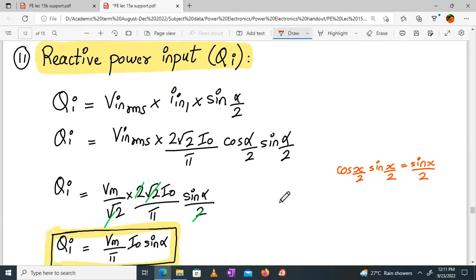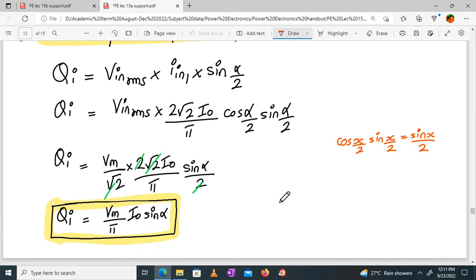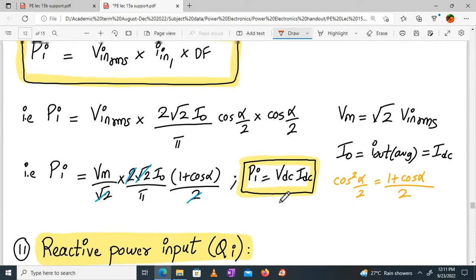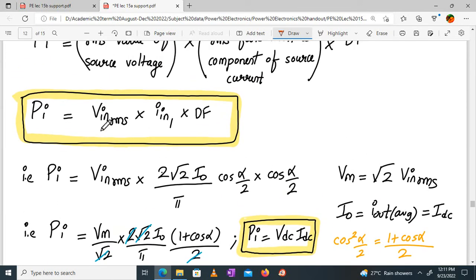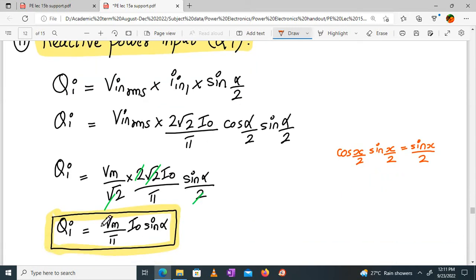Then reactive power input QI. See, what is the difference between active and reactive? Look here. It is V in RMS In of 1 into cos of alpha by 2. In reactive it is the same, only sign changes: instead of cos it is sin of alpha by 2. So write down the final formula: V in RMS In of 1 into sin alpha by 2.